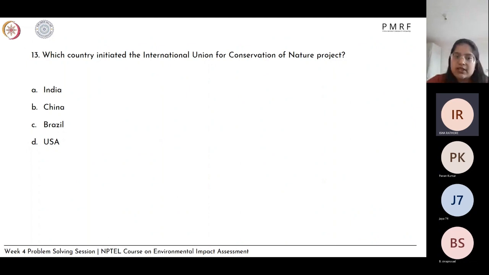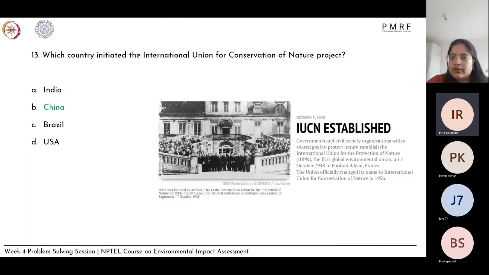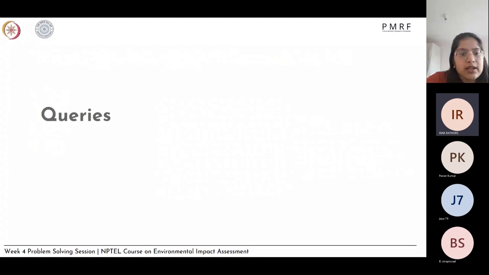So China was the country which initiated it, and then we are the signatory to this union. And we looked at the key themes and action areas which were identified for India in the different themes of species, biodiversity, business, and climate change in the highlight section. Okay, with that, I think we conclude the week 4 assignment section as well.